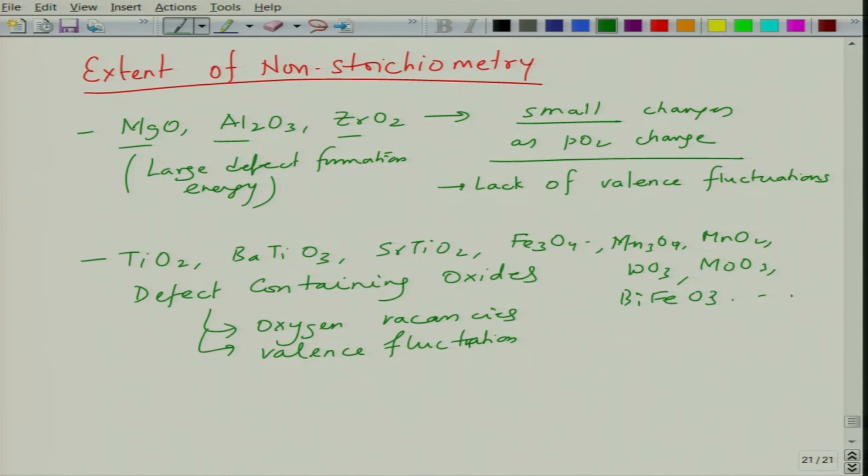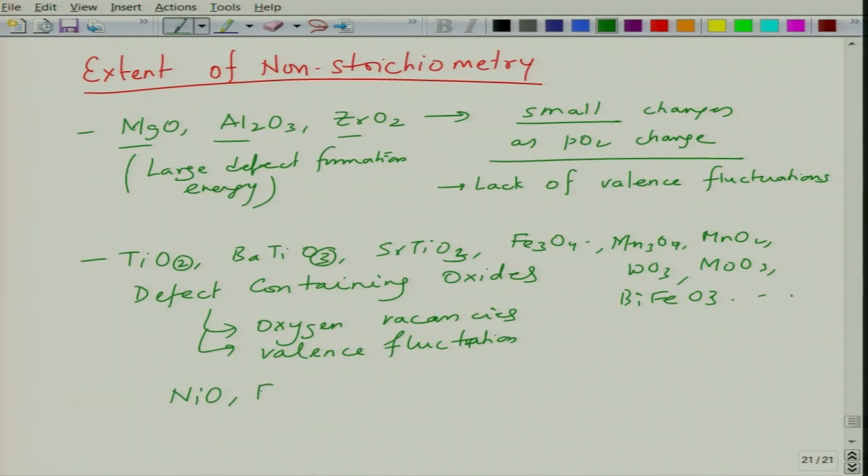All these systems are prone to having valence fluctuations and oxygen vacancies, and hence titanium can occur in Ti+3 state, for example. Okay, if you have Ti+3, then oxygen content will go down. Similarly, in strontium titanate oxygen content may go down. So, because of valence fluctuations, you may have non-stoichiometry.